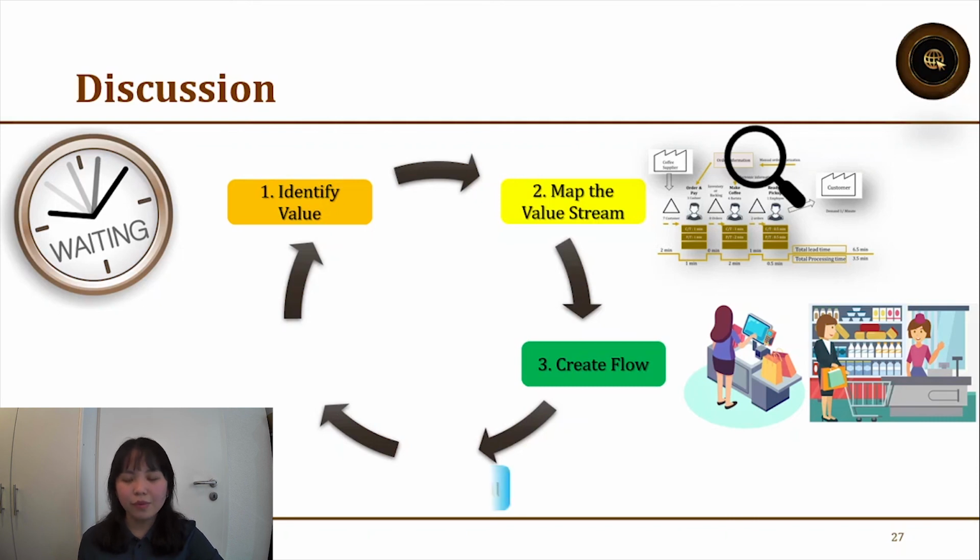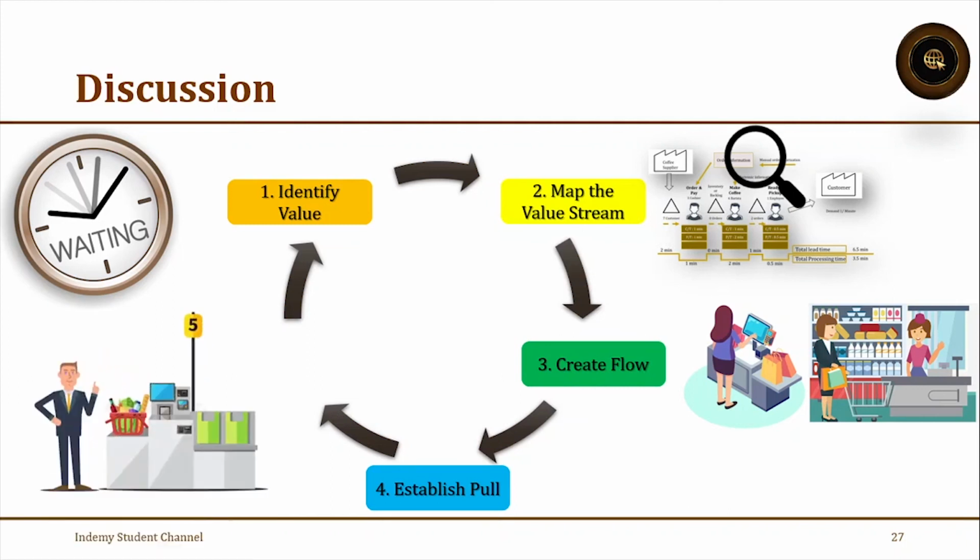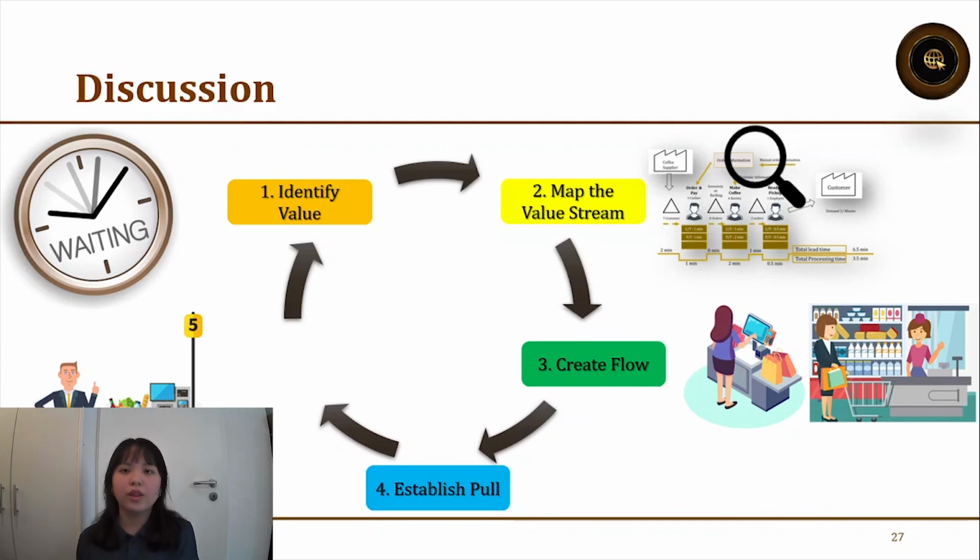The next step would be establishing pull. So in the pull system, I recommend one person to tackle all the problems in the self-service area. It could be another employee from the normal cashier going to the self-service area and trying to deal with the problems that the customers have there.